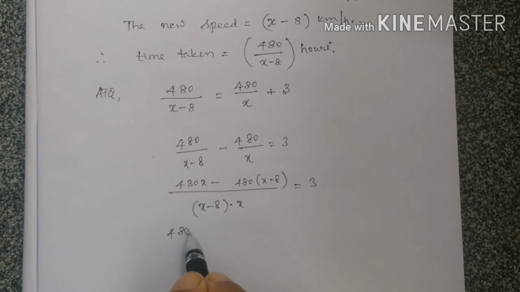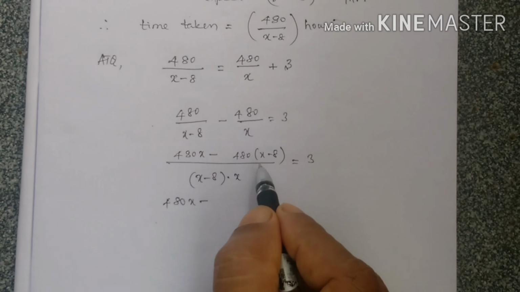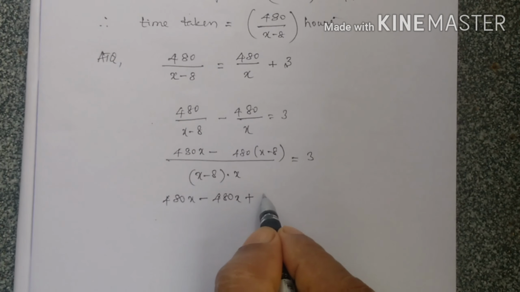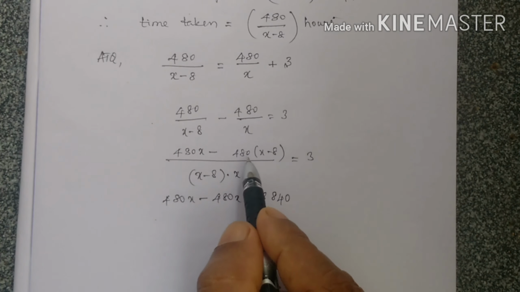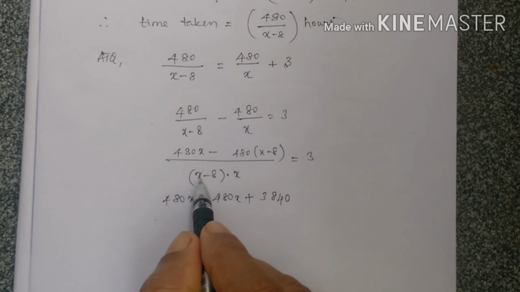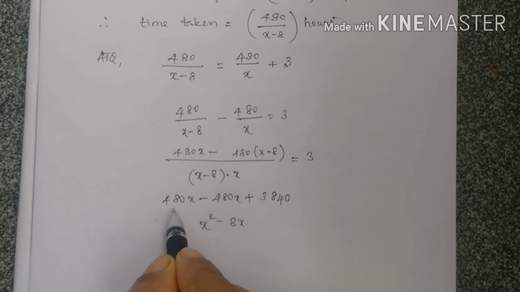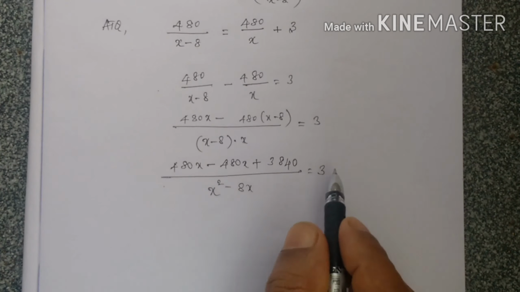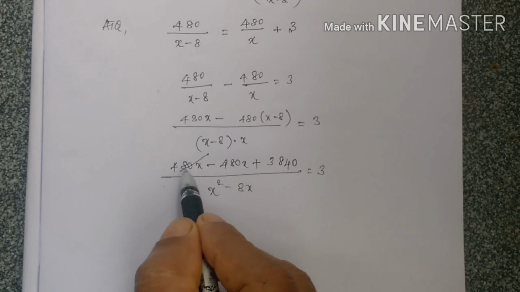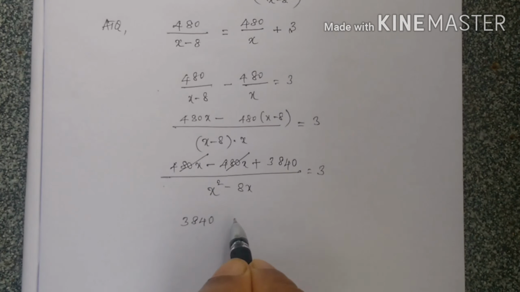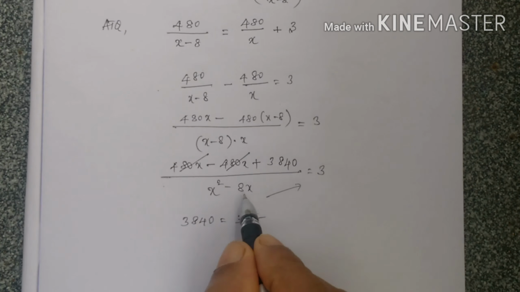So just multiply: 480x minus 480x, minus into minus plus, you are going to get 480 into 8, 3840, divided by x into x, x square, minus 8 into x, 8x, that is equal to 3. So now cross multiply, and 480x minus 480x cancels. So the rest is 3840, that is equal to, cross multiplying, 3 into x square minus 8x, 3 8s are 24x.